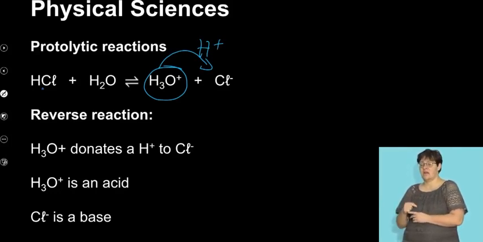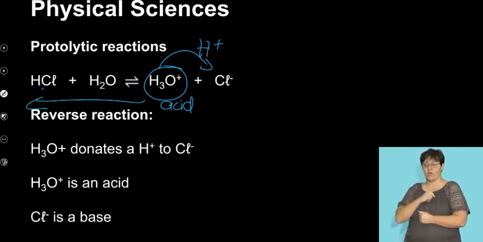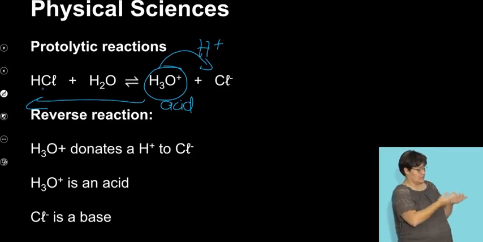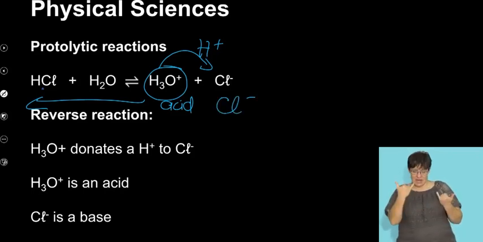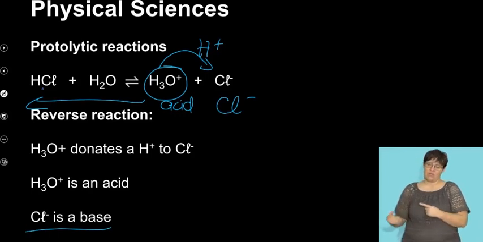When the hydronium ion donates the proton, it makes the hydronium ion an acid in the reverse reaction. And because chloride accepts the proton, it makes the chloride ion the base in the reverse reaction.